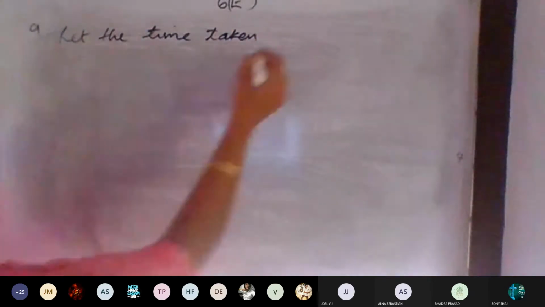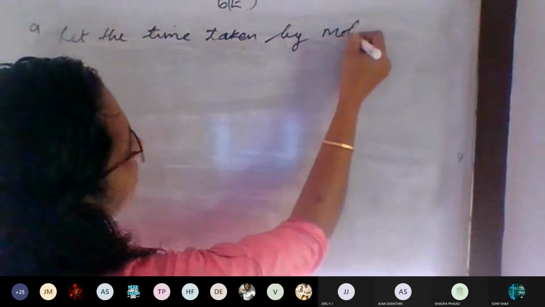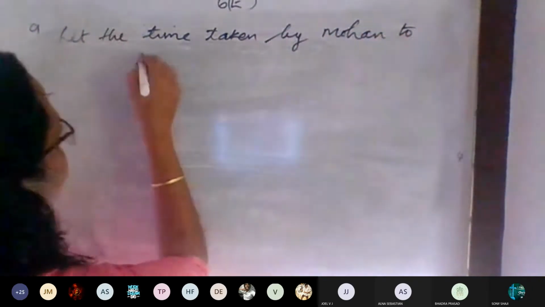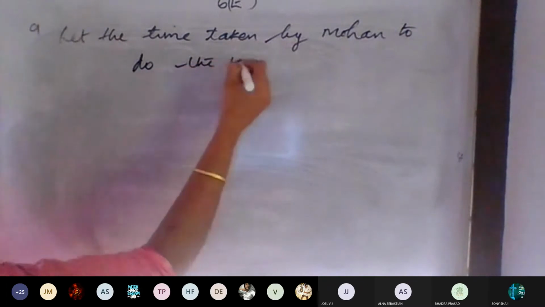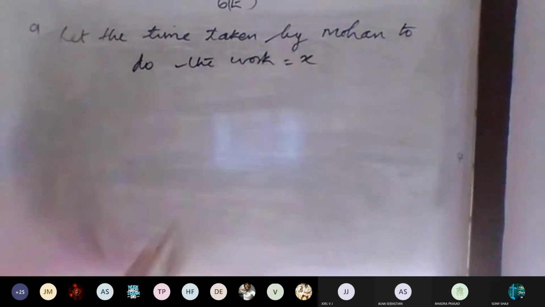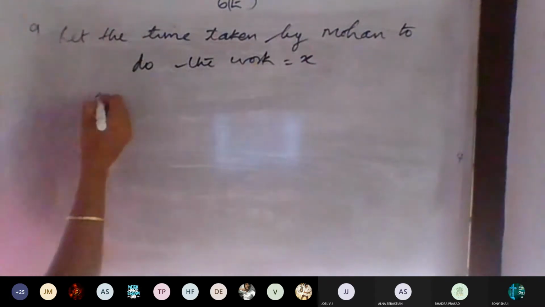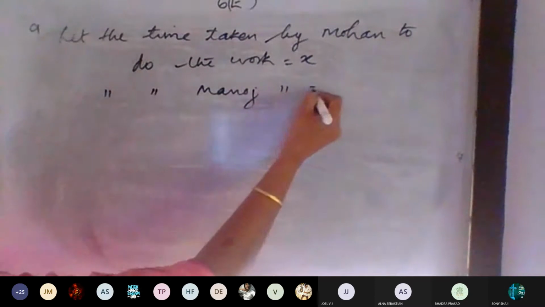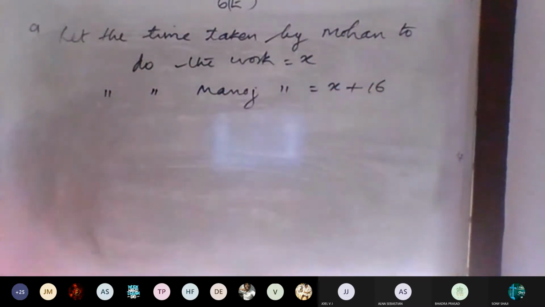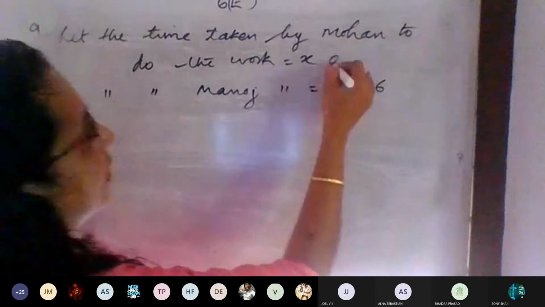Let the time taken by Mohan to do the piece of work be x. Then the time taken by Manoj to do the work is x plus 16 days.